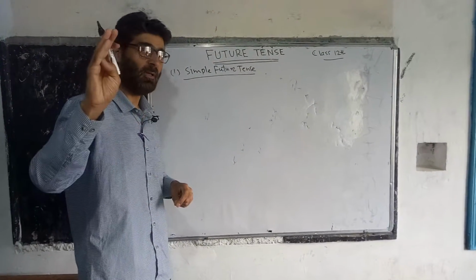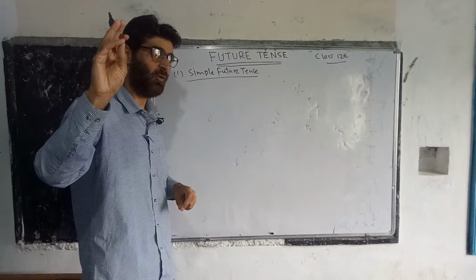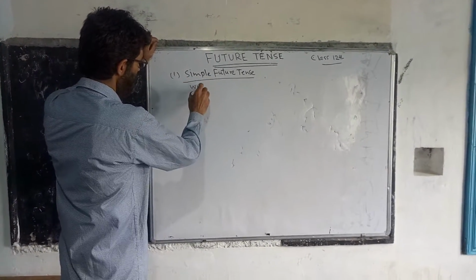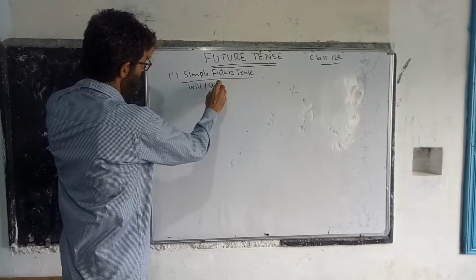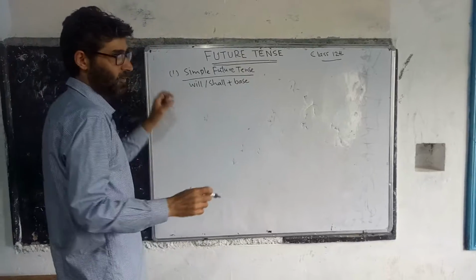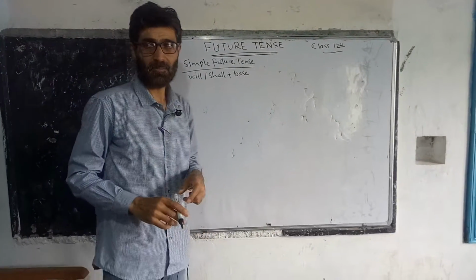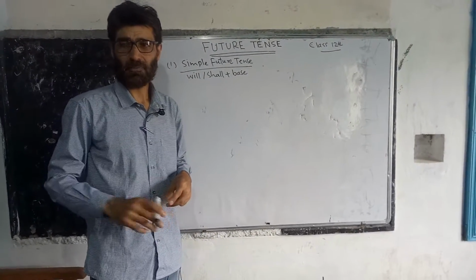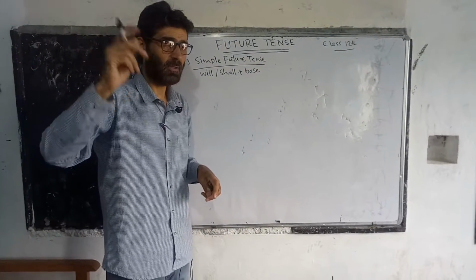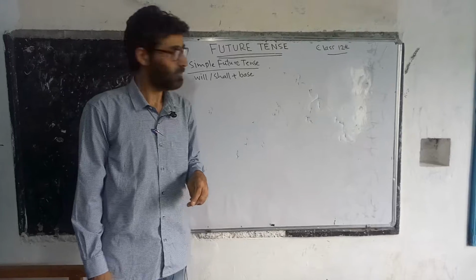We use will or shall plus base form of the verb. Base form you know: go, write, play, eat, without adding s or es or making past. This is known as base form of the verb.